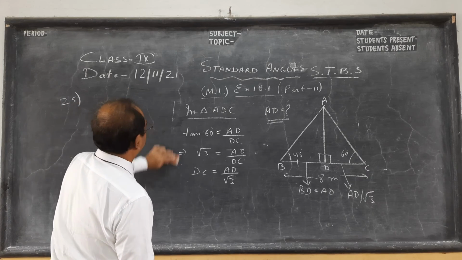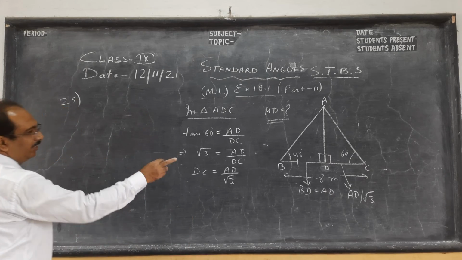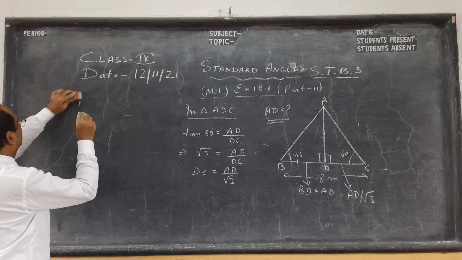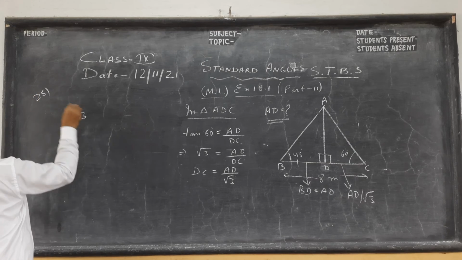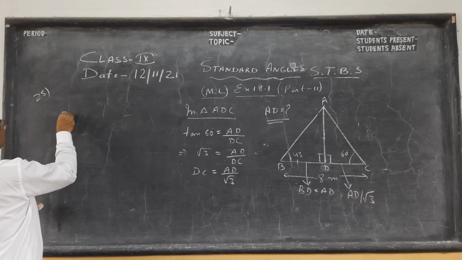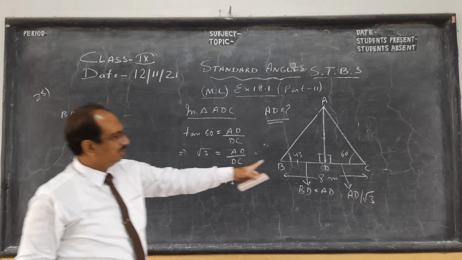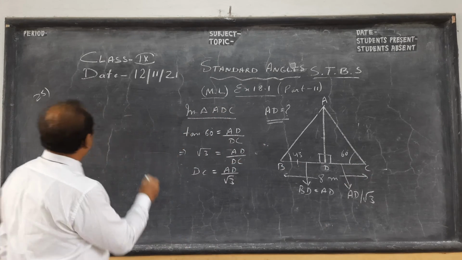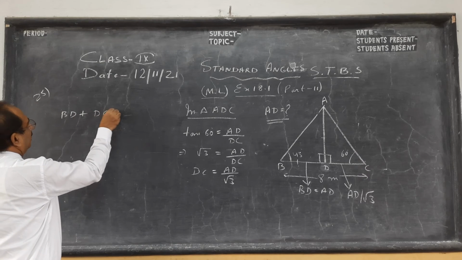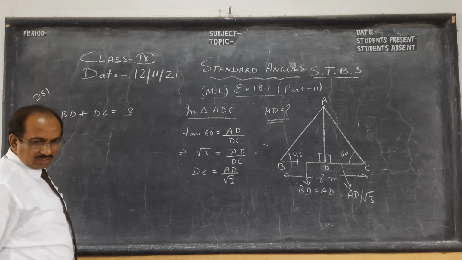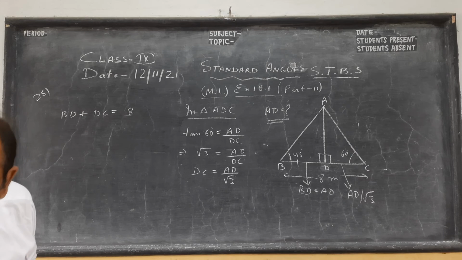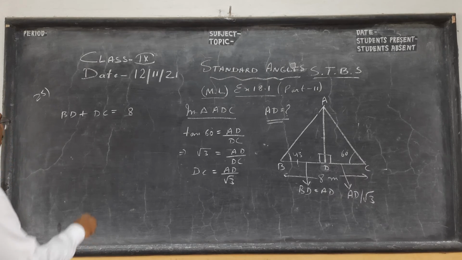Okay, now see, we know BD plus DC is 8. It is given in meters, it can be centimeters also, but here it is 8 meters.